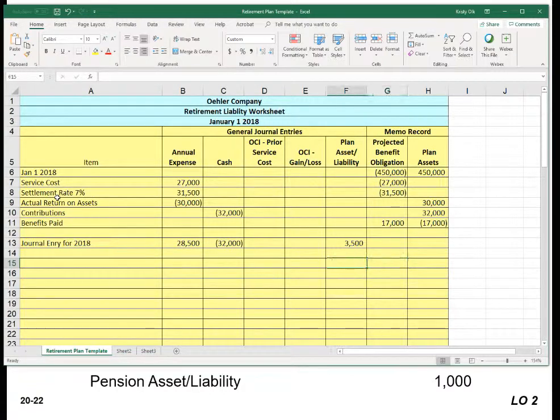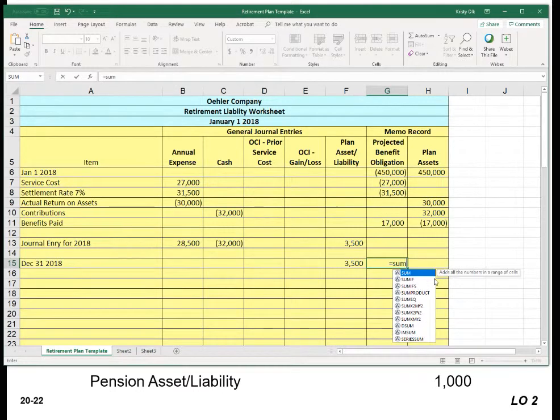We then come down one more line, or I went down two because I like space. We know that we need a debit balance to our pension asset liability. And then we need to look and see if this trues to the difference between our PBO and our plan assets.